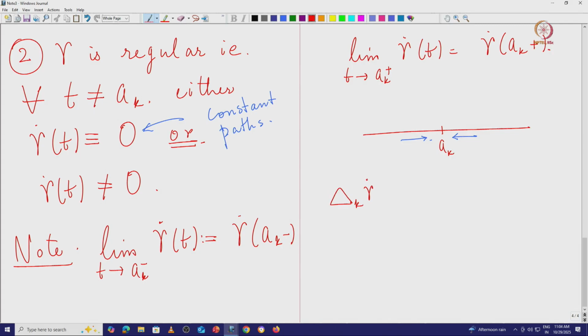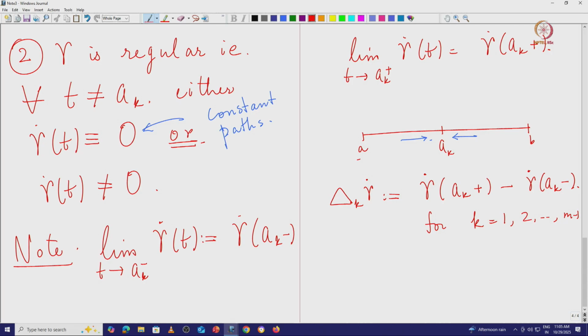and then the jump in the velocity vector is defined to be this, for k between 1 and m minus 1. Of course, this does not make sense at the end points, because for instance at the left end point there is no further point on the left, similarly on the right end point there is no further point on the right.